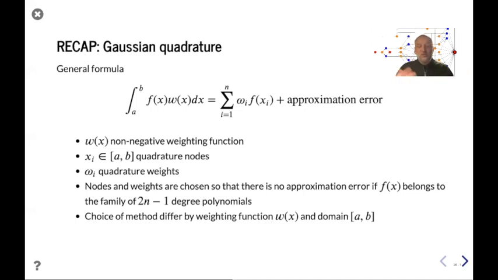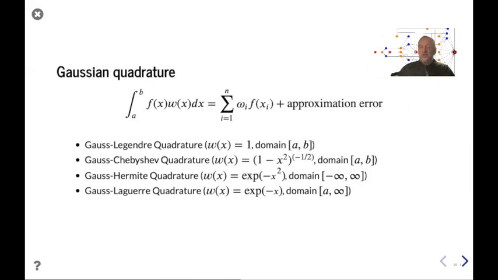And here the choice of method differs by weighting function and domain, and here are some popular choices. You have Gauss-Legendre. We used that for our portfolio choice model last semester. That's the simplest one, and the one I'm actually implementing in the code in just a second. It has a weighting function of 1, so you don't have to worry about that, and it has a finite domain.